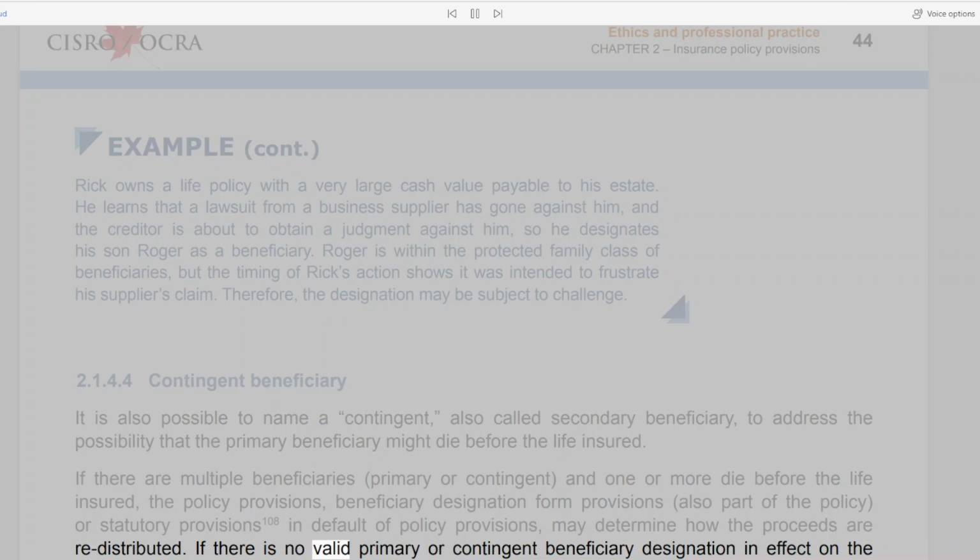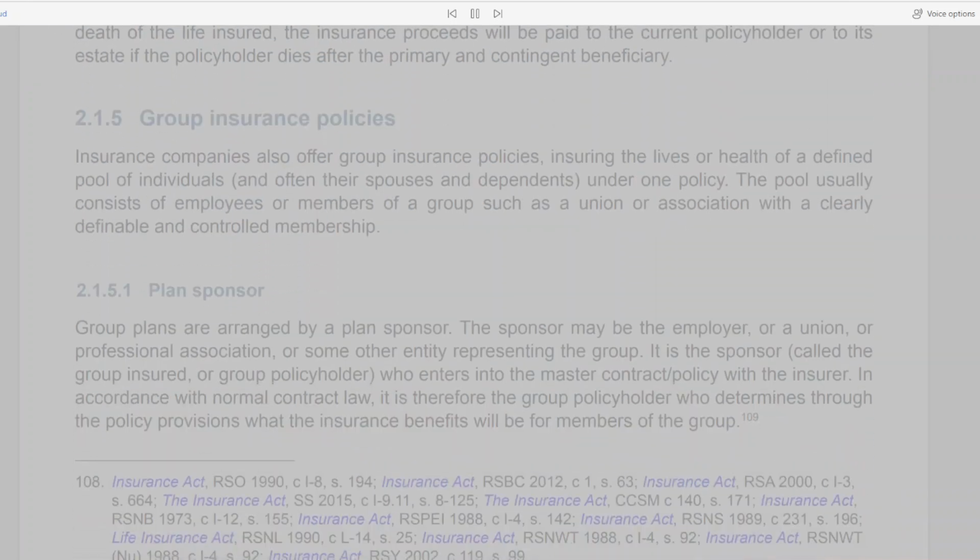If there is no valid primary or contingent beneficiary designation in effect on the death of the life insured, the insurance proceeds will be paid to the current policyholder or to its estate if the policyholder dies after the primary and contingent beneficiary.